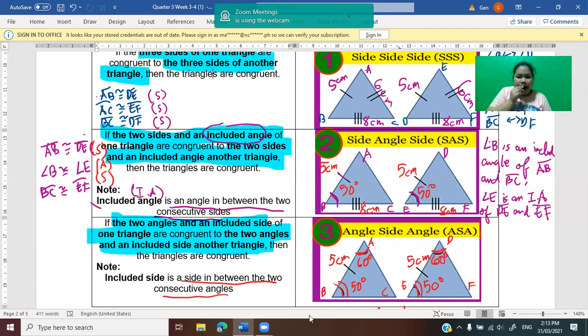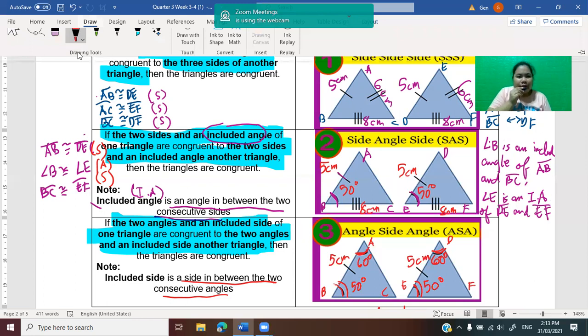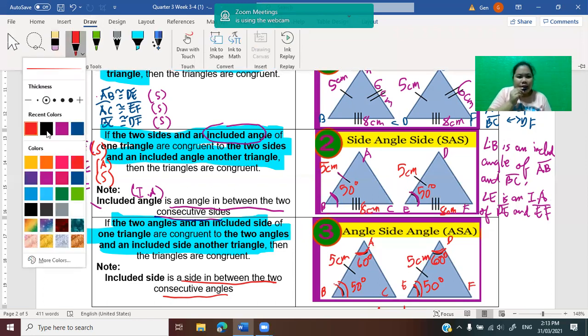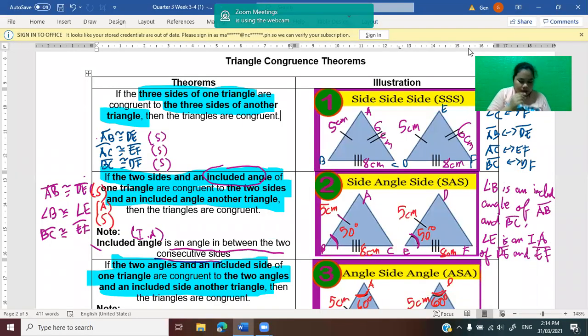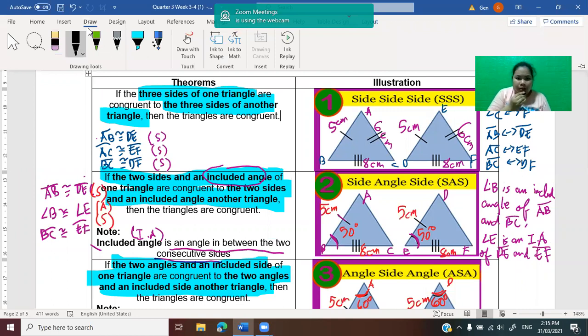Okay, so balikan natin yung first three. Tingnan natin, let us check kung corresponding din siya. Kasi sa isa ginawa ko. Tingnan natin yung mga corresponding parts. Okay, let us check kung yung mga congruent parts natin ay corresponding. So let's say AB to DE.